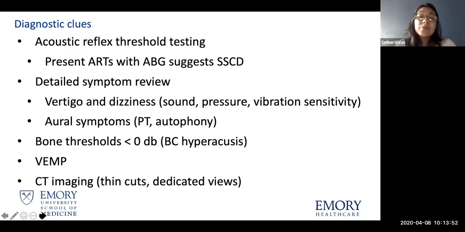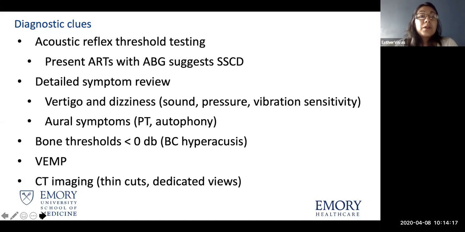So that is really one of the most important takeaway points for this particular differential. If you're evaluating conductive loss and you have acoustic reflexes present in that ear, that means it is not otosclerosis. So always make sure that your audiologists are providing you with those reflex testings whenever you see a conductive loss.